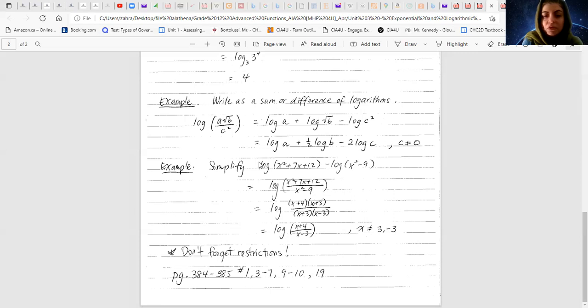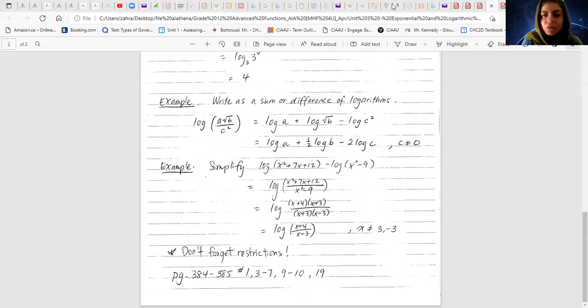And this is the simplification of that. So here is simplify log of x power 2 plus 7x plus 12 minus log of x power 2 minus 9. Between the logs is negative and they have the same base, so I can put it together. That's the first one divided by the second one because between them is minus, right? So I can simplify further, write the numerator in factored form.